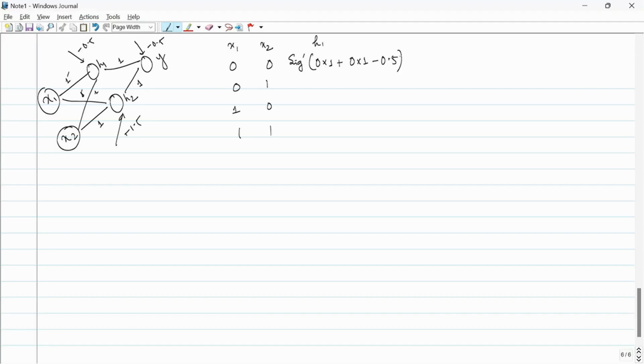Okay, so this is minus 0.5, so the output will be 0. Similarly here you will see the output will be 1, this is 1, this is 1, this is the output of h1. So h1 essentially acts as an OR. h2 is what? h2 is signum, right?